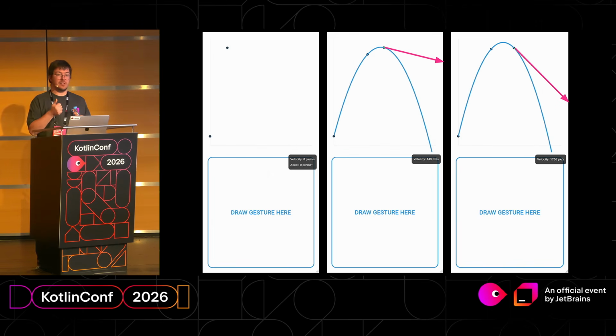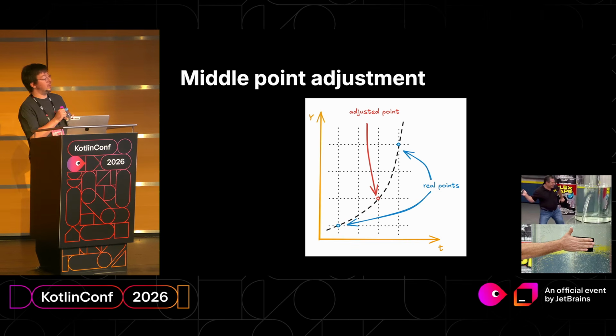And why is it not a problem for Android, for example? I already showed you that Android tracks many more events on your screen, but in a browser, events are not so packed, and we have fewer, and sometimes we have this problem with the velocity tracker. So the fix was quite easy.